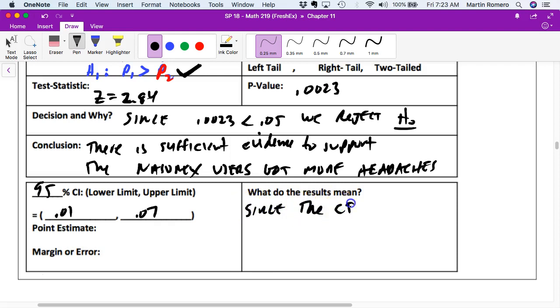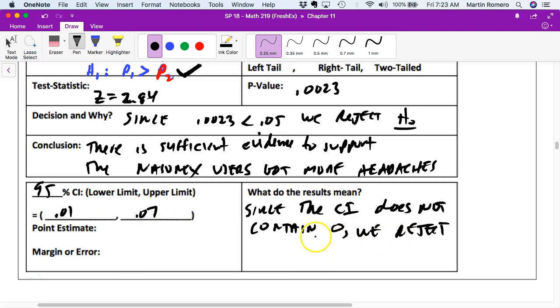Since the CI does not contain 0, we reject. We're 95% confident to reject H0. And that, again, would say there's sufficient evidence to support the alternative.